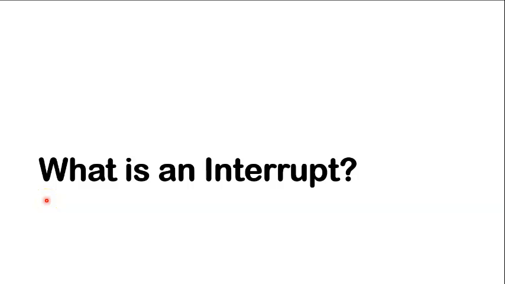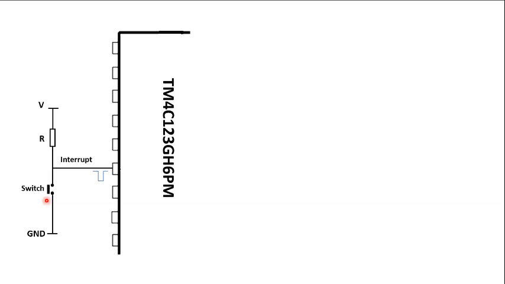Before I go any further, let's take a look at what an interrupt is. Here is a TM4C123G microcontroller, and we assume that the microcontroller is executing a program, which I will call the main program.